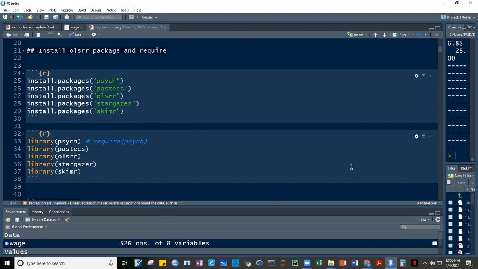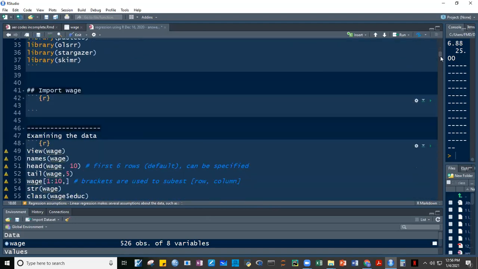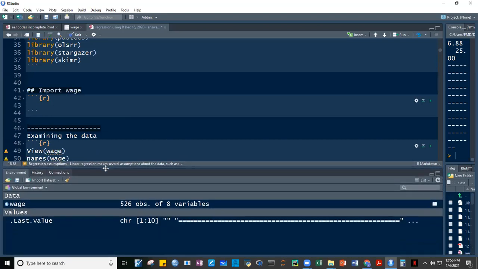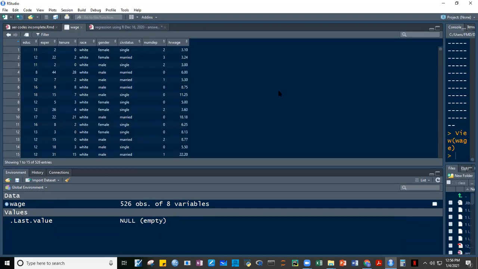Okay, I have already done that a while ago, so pakirun yung code na to, guys. Okay, and then also, we were using the wage data. In-import ko na rin yan, so could you kindly also import, we can use this, import dataset. And then, yung wage na CSV file, no? So let's check. Okay, ito yung data natin, wage.